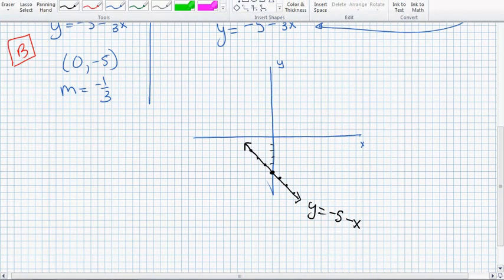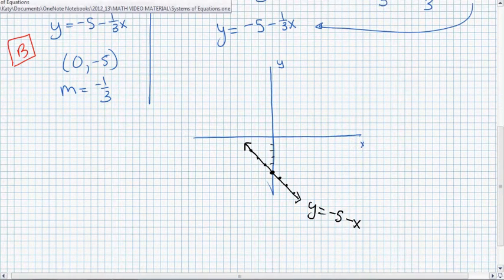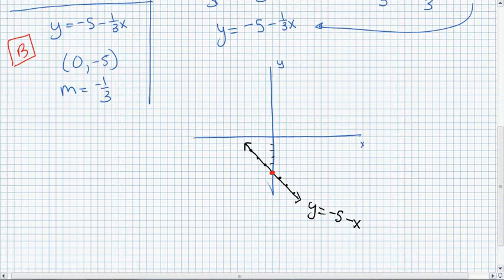I'll use a different color to graph the second equation, just so it's easier to see what's happening. So I am starting at (0, -5) again, -5 right on the y-axis. And now my slope is -1/3, so I'm going to go down 1 over 1, 2, 3 this time. Down 1, 1, 2, 3, down 1, 1, 2, 3, and for good measure I'll go in the other direction a couple of times.